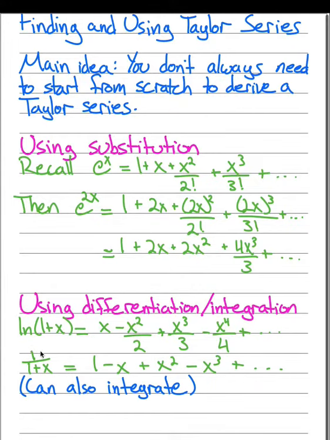Well, you can recognize that 1 over 1 plus x is the derivative of natural log of 1 plus x. So its Taylor series will be the derivative of this Taylor series. So you take this thing, you differentiate, you get 1 minus x plus x squared minus x cubed, and so on. And it goes the opposite way too. You can sometimes also do integration of one Taylor series to obtain another one.